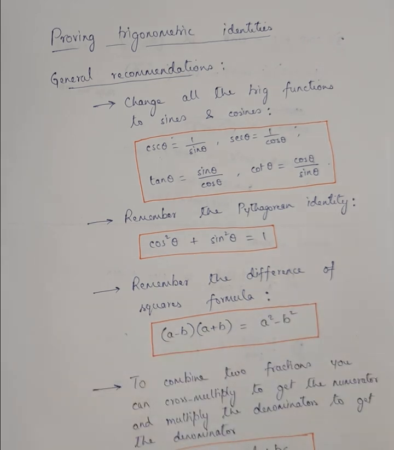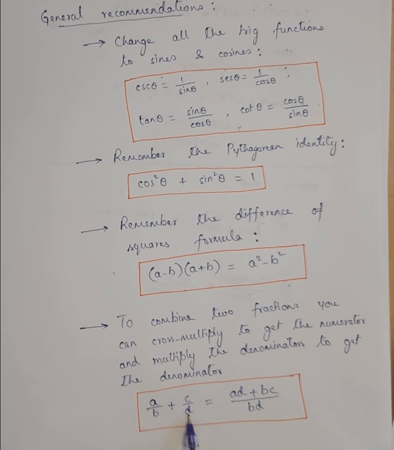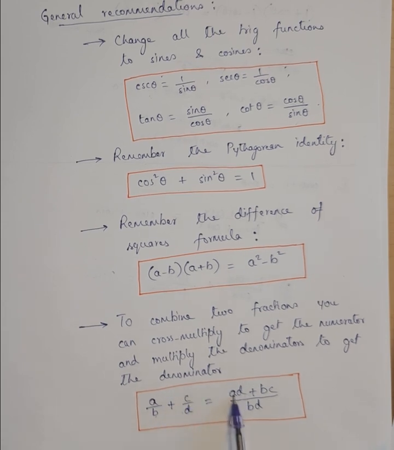And then again, there is one other algebra step I want you guys to remember. When you have to add two fractions or even subtract, you can take the common denominator. But a faster way is to cross multiply: AD plus BC becomes the numerator, and the denominator is simply the product of the denominators.